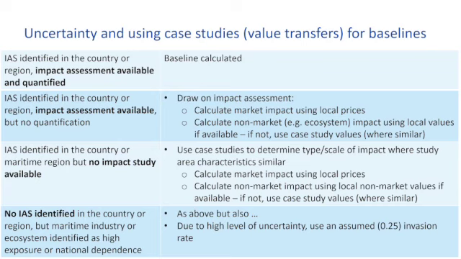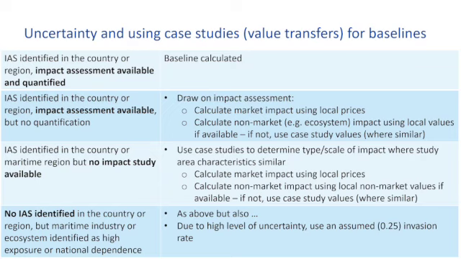The second level: maybe the species has been identified and an impact assessment has been done, but there's no quantification. Then you need to use that impact assessment and try and put some numbers around it by using market prices and market impacts, and calculate those non-market values using local values if they're available, or if not, use a case study from another location if it's similar enough.